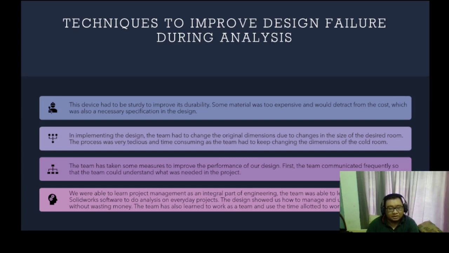The team was able to learn how to use SolidWorks software to do analysis on everyday projects. The design shows us how to manage and use resources efficiently without wasting money. We had also learned to work as a team and use the time allotted to work on each project.